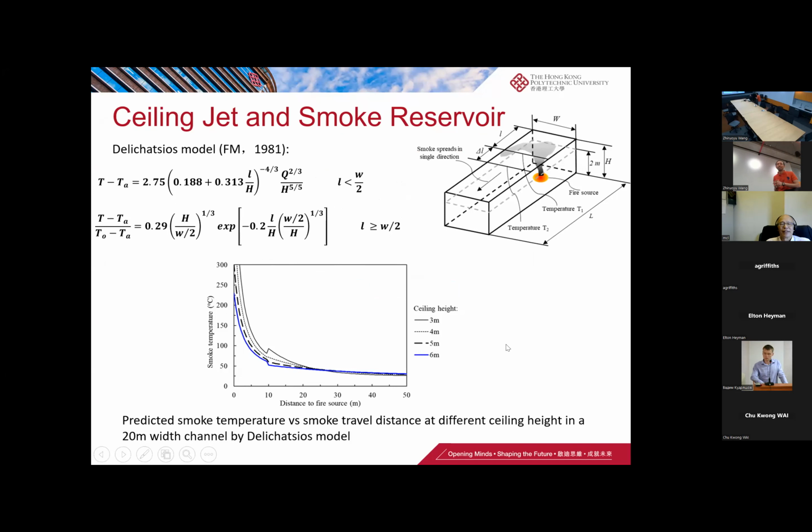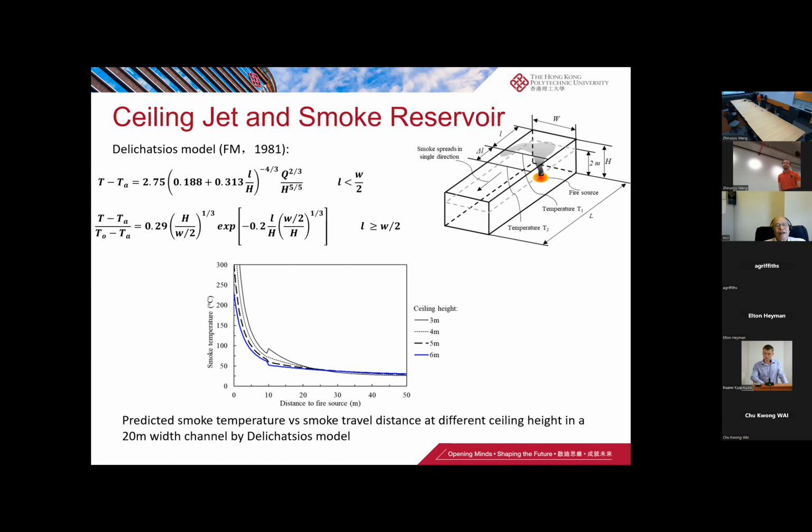Okay, the obstructions in the smoke reservoir are not considered, and that's even more complicated. For that part, if you want to see how obstructions in the reservoir affect the smoke spread, that part does need a CFD model to do the simulation.